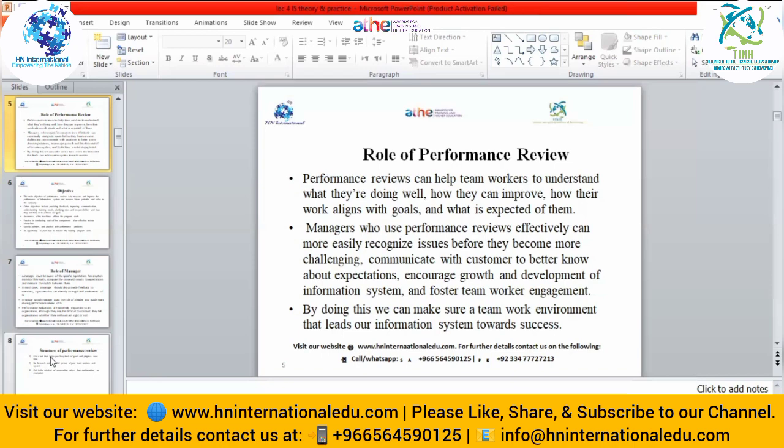Managers who use the performance review effectively can more easily recognize issues before they become more challenging, communicate with the customer to better know about the expectations, encourage growth and development of the information system, and foster teamwork and engagement.